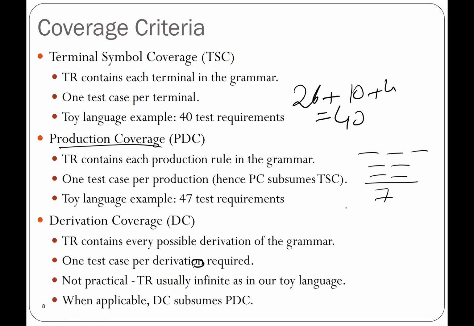Now they're giving me 47. So up to 47, we're okay. Had we done derivation coverage, it would have definitely been impractical, with an infinite number of test cases, even for a toy language like the one we have for the algebraic expressions.